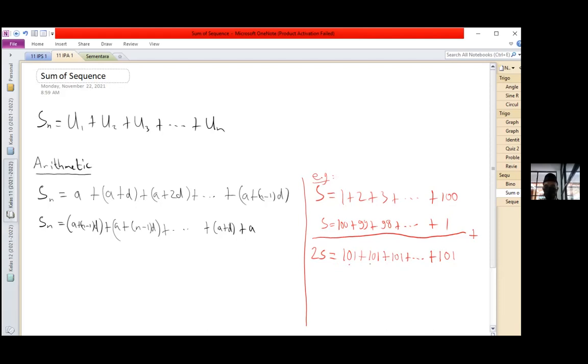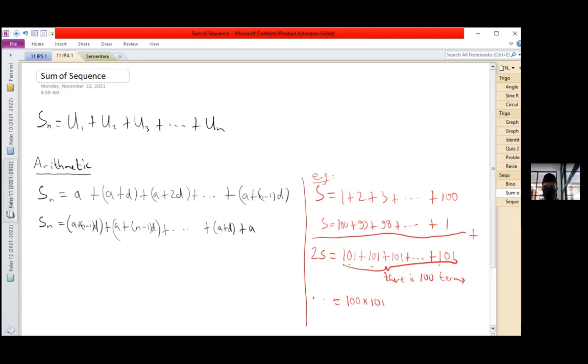So here we also have 100 terms, and that's why this is equal to 100 times 101.